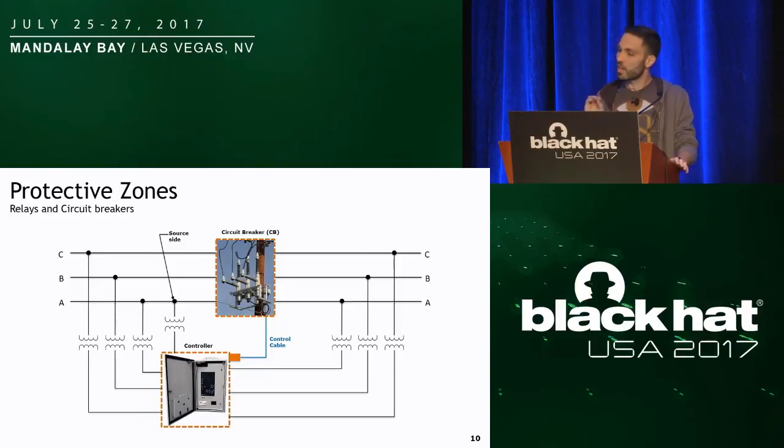They consist of three major parts. They have instrument transformers, which are basically current and potential transformers that isolate and transform voltage and current signals. We have protective relays that sense the faults and initiate a trip, disconnection, or close command. And we have circuit breakers that open or close the system based on the relay command.